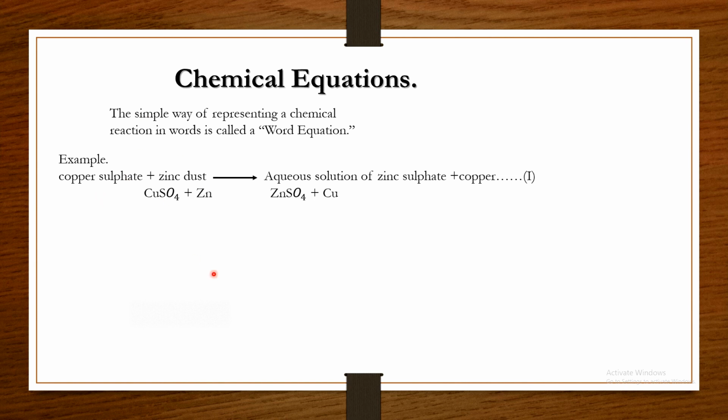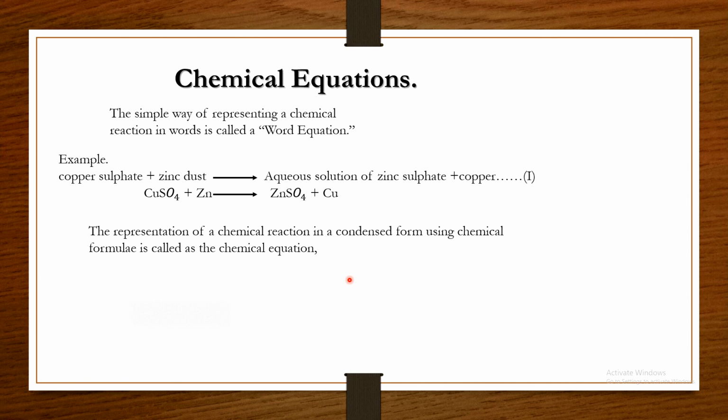Copper sulfate means CuSO4, zinc means Zn, and it gives, aqueous meaning the solution in water, of zinc sulfate, that is ZnSO4, plus copper, Cu. The representation of this chemical reaction with chemical formulas is called a chemical equation.